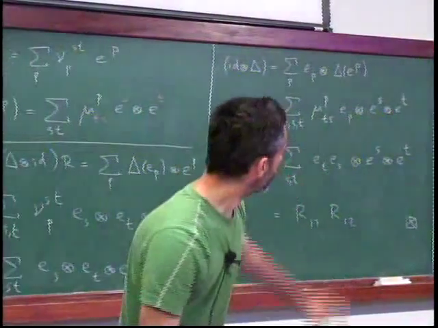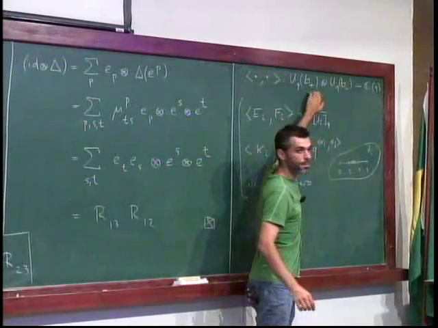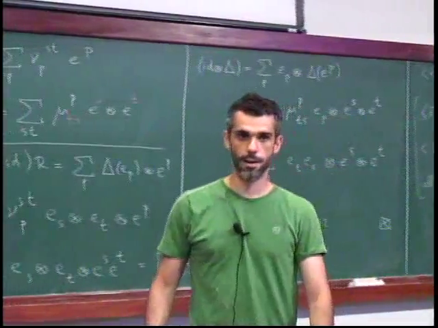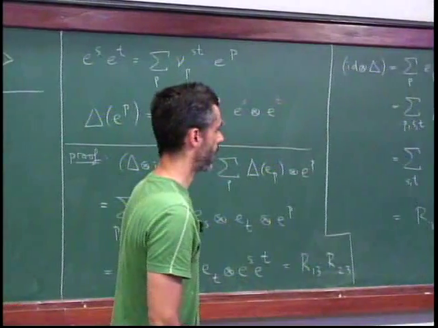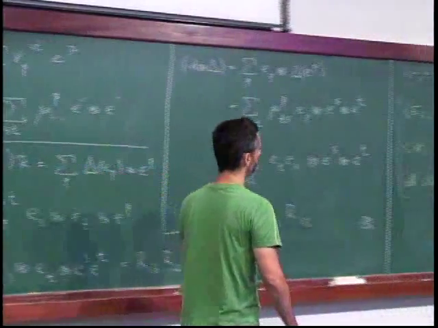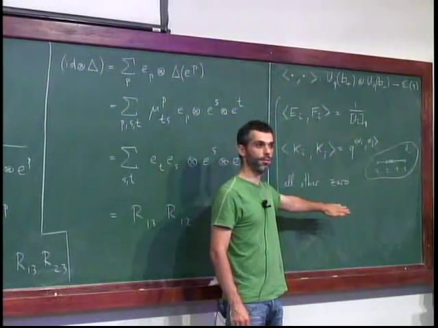So I claim that this information is enough to determine this pairing up here. And I say it, but you shouldn't believe it. This is not something that you expect to be enough to give just on the generators.